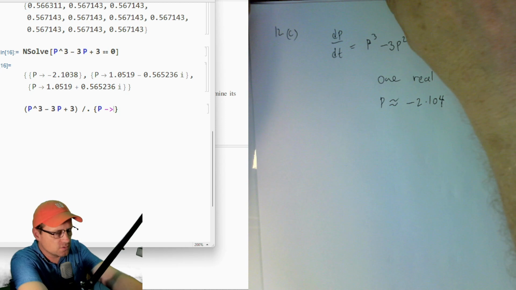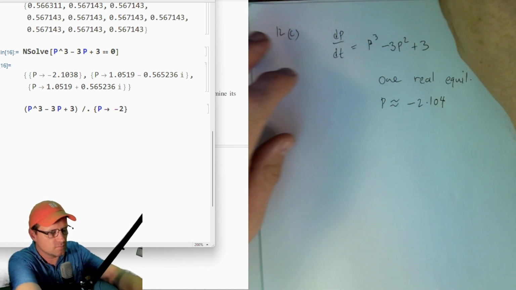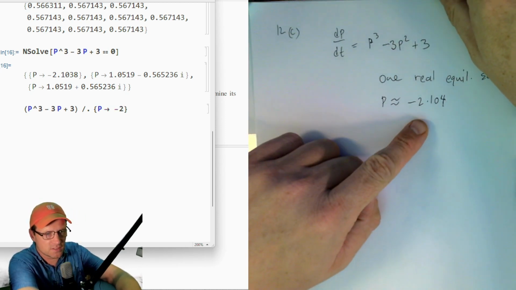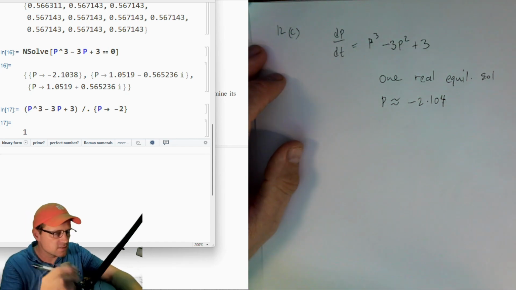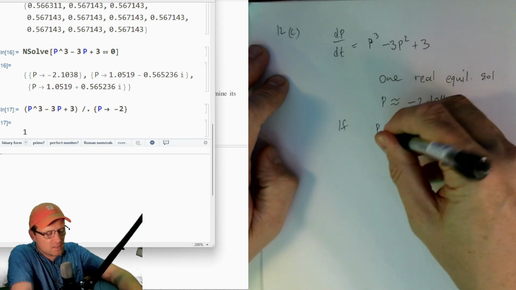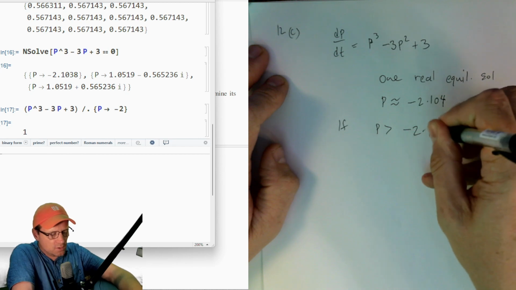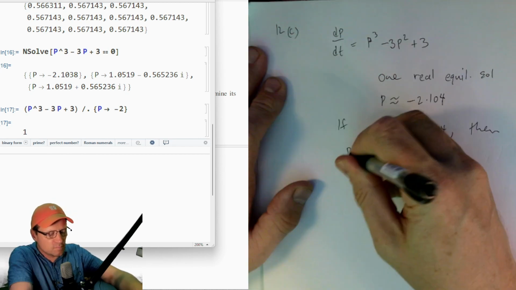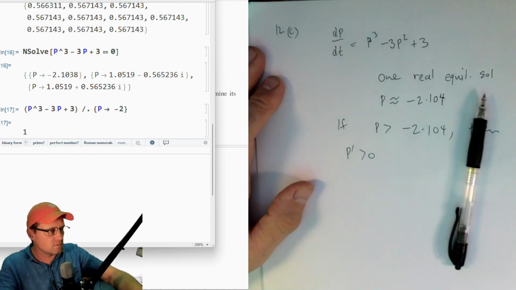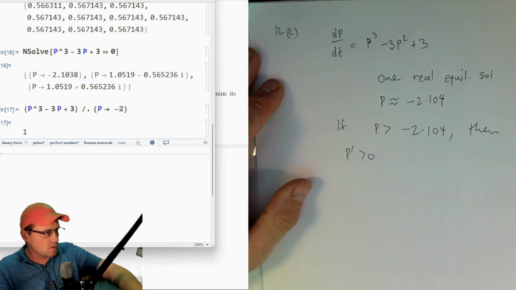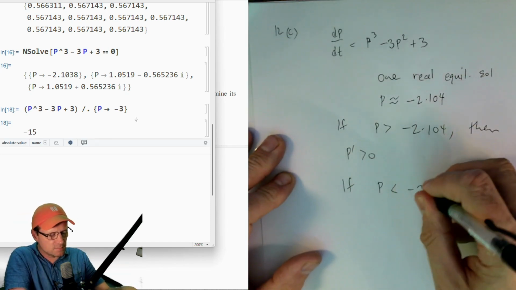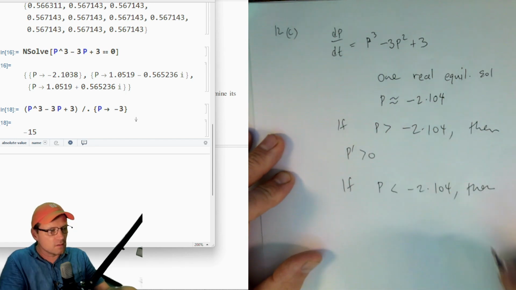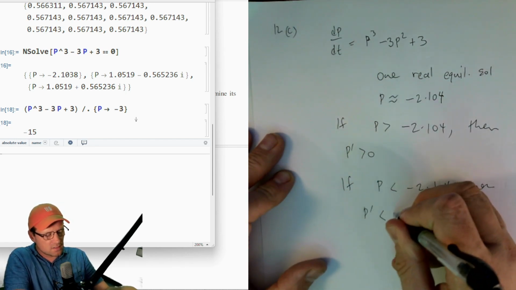Okay, and so now if we take this, and I'll write ReplaceAll with this little shorthand, P goes to minus 2. Now minus 2 is greater than minus 2.1. Okay, so at minus 2 we have a positive slope. So we'll say if P is greater than minus 2.104, then P dash is positive. Okay, now let's replace this with a number below that. So if P is less than minus 2.104, then P dash is negative.